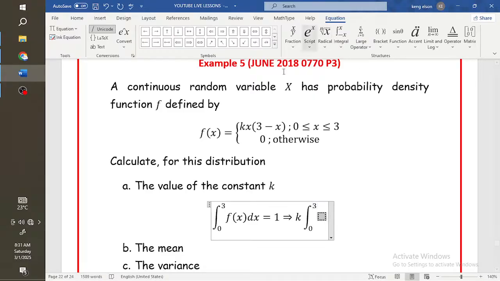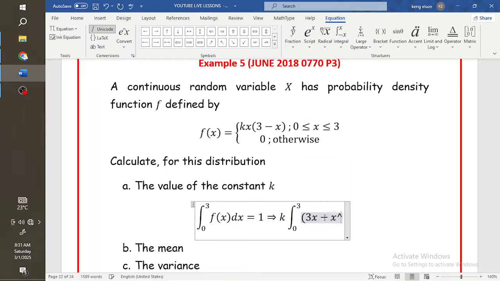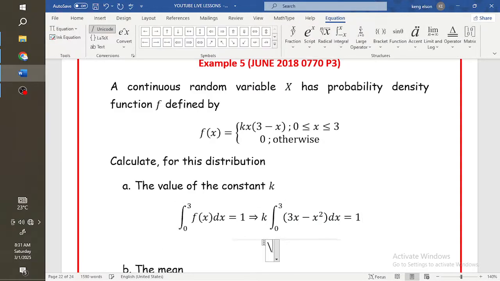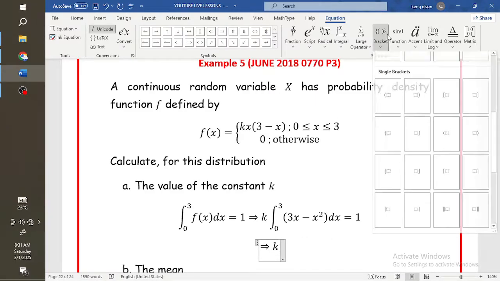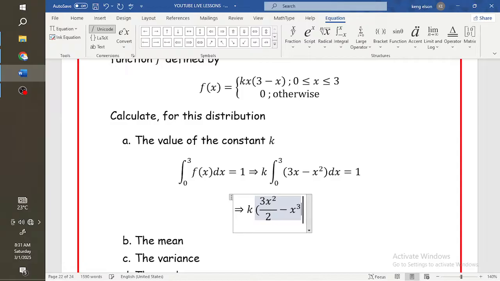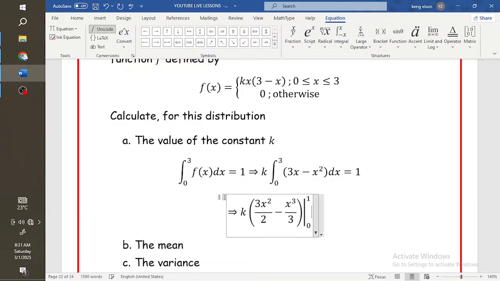Now I'm going to multiply each term here by the x that is outside, so I'm going to have 3x minus x squared dx, equal to 1. So we have k outside. Now let us integrate normally. If I integrate the first one, I have 3x squared over 2 minus x cubed over 3, from 0 to 1, equal to 1.